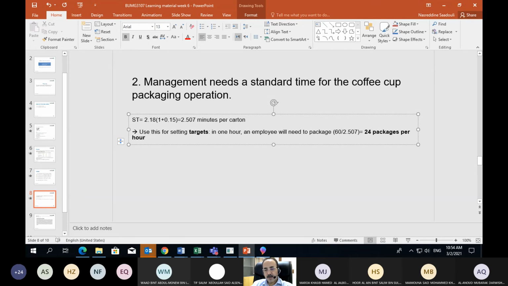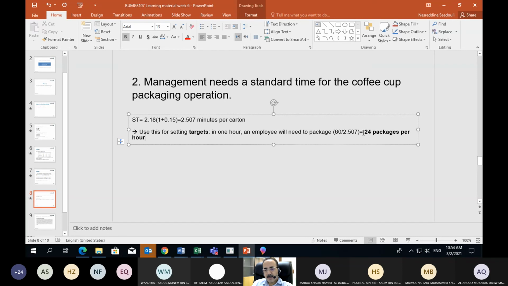We took into account the rating factor and the allowance. We took into account whether the setting in which the experiment was carried out is normal or not. We took into account any time that the employee is given for himself or herself that is not going into the manufacturing or the process, which is the allowance percentage.